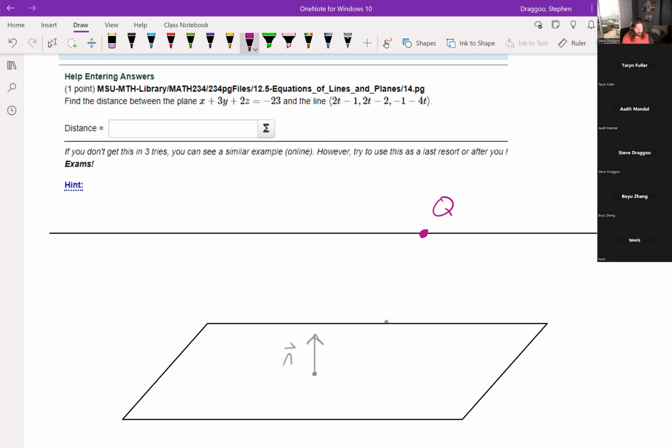Which means that if I'm calculating the distance between a plane and a point, I also need any point that is on the plane. So I'm going to pick that too. How about we call it point P? Cool. So I'll have a point P and a point Q.